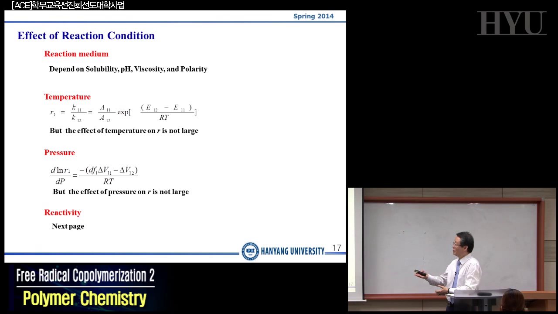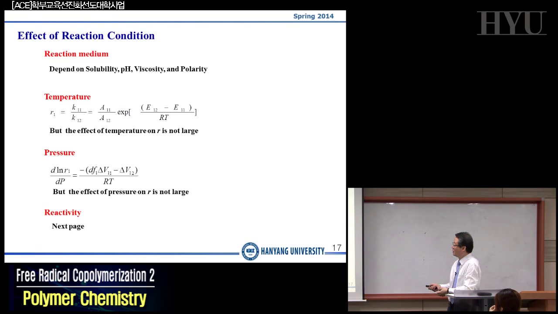So temperature should affect the monomer reactivity ratio, but in fact, there is not much difference between these two, the activation energy for the radical and the monomer cases. So the dependence is not that great as we have expected.